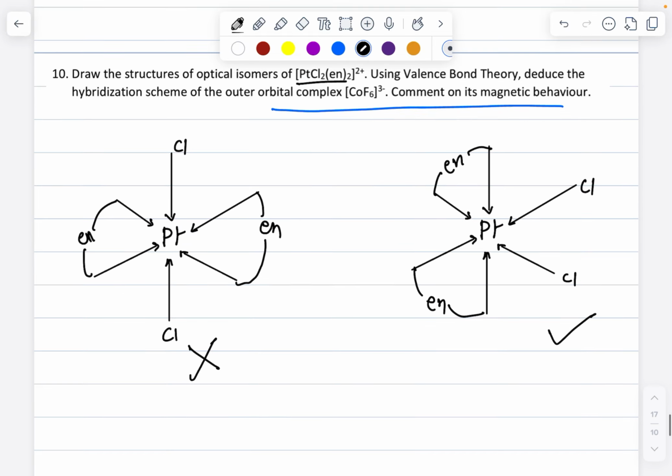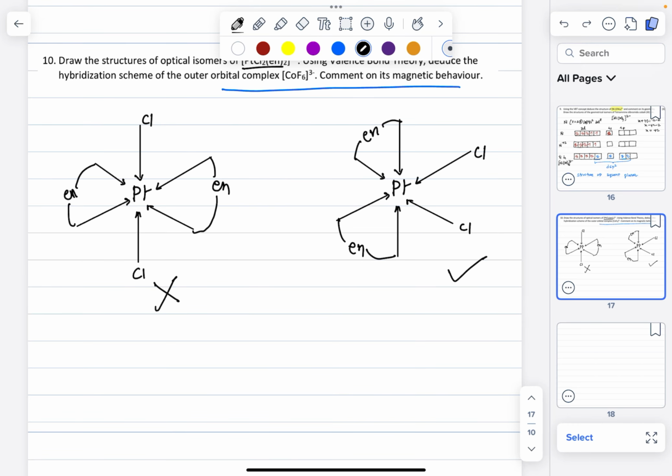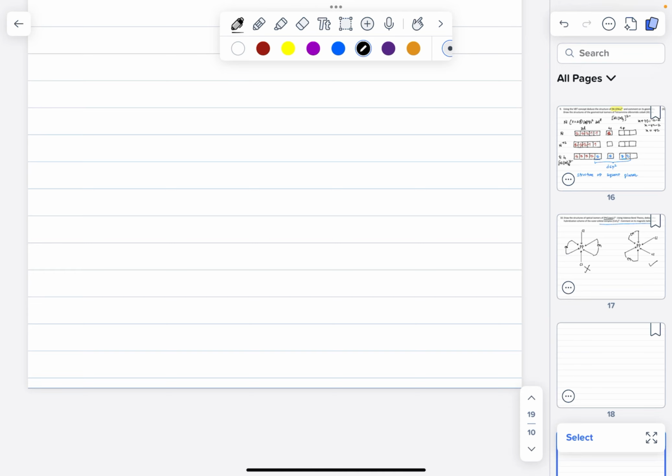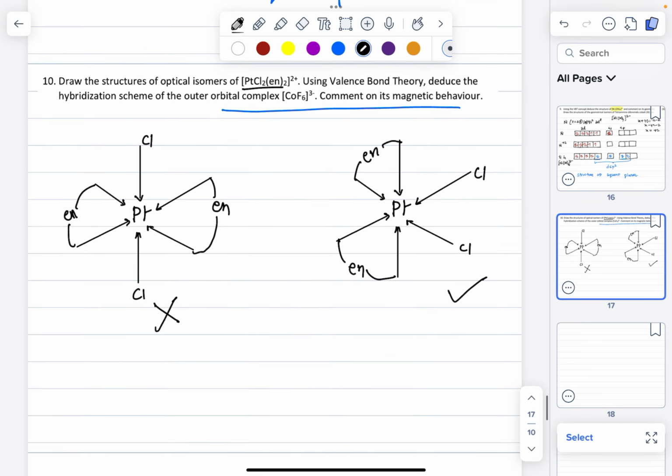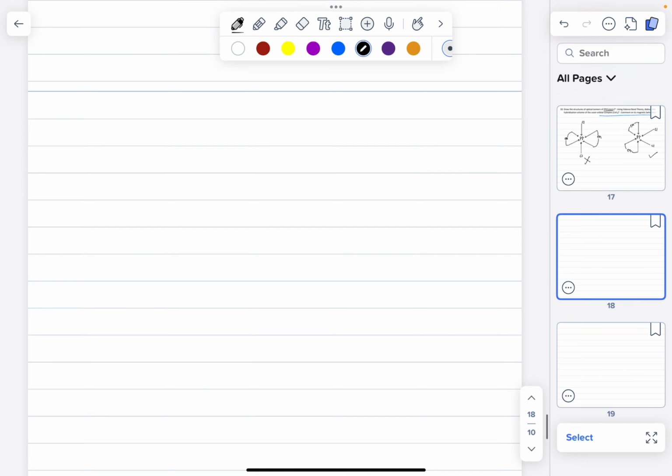Then CoF6 3 minus. We need to find the hybridization and the magnetic behavior of this. CoF6 3 minus.